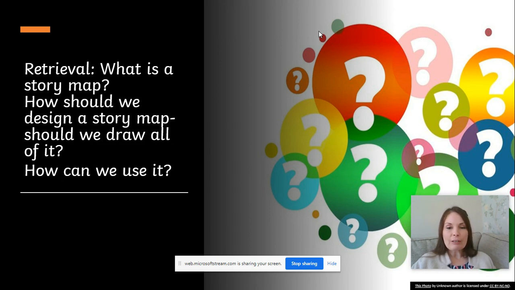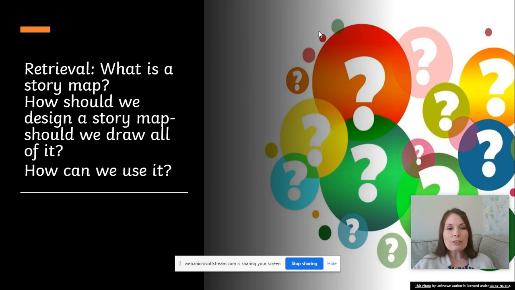And we can use arrows to help us show what happens at the start, the middle, and the ending. And we can label our story map with those words start, middle, and ending as well. And we can use the drawings on our map from stories to help us retell a story in our own words and to remember what happens.